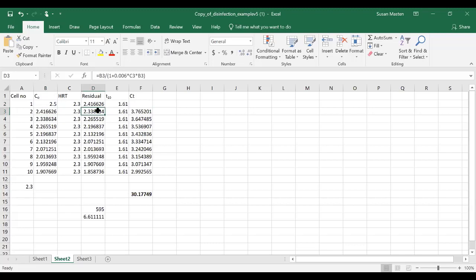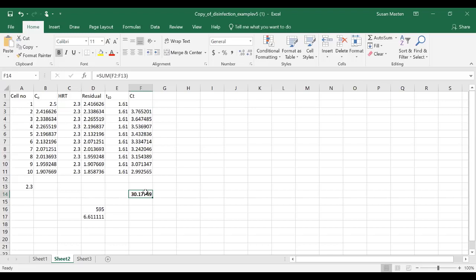We then do the same thing, and we continue through the cells. Now, notice here, with a hydraulic detention time of 2.3 minutes in each cell, gives us a T10, and that only gives us a CT of 30, which is insufficient.